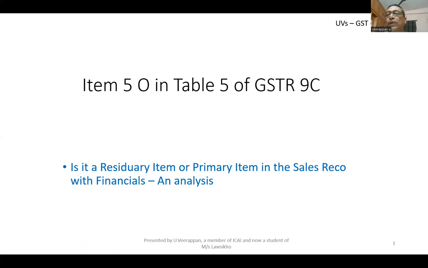But actually, when we see the sales reconciliation between the financials and the GSTR returns, the major chunk of the financial items go into this item 5O. So we would like to analyze today whether it is a residuary item or really a primary item in the sales reco with financials.